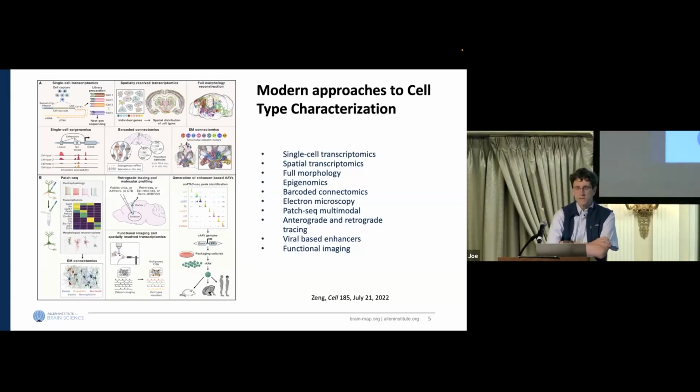And there are ways of understanding connectivity. There's what is called spatially resolved transcriptomics, or ways of doing in situ gene expression, where you design a certain panel of genes and you can get the expression of that set specifically in a cell.